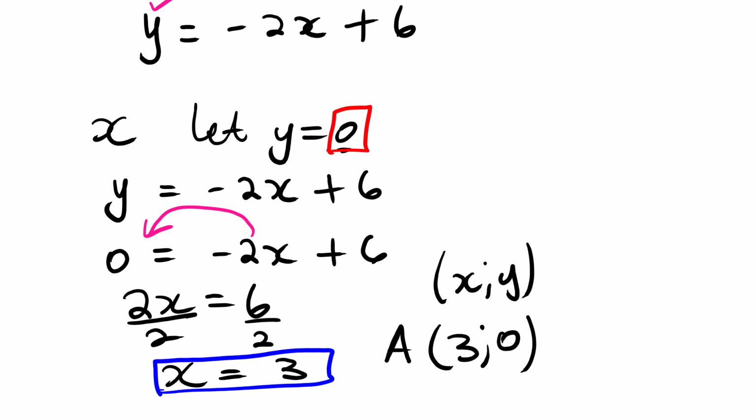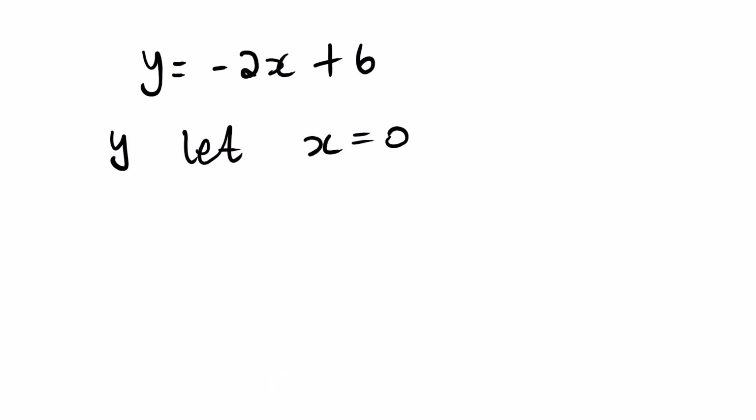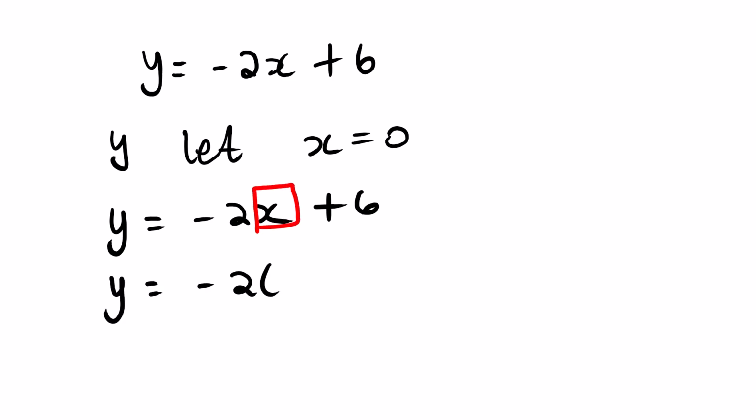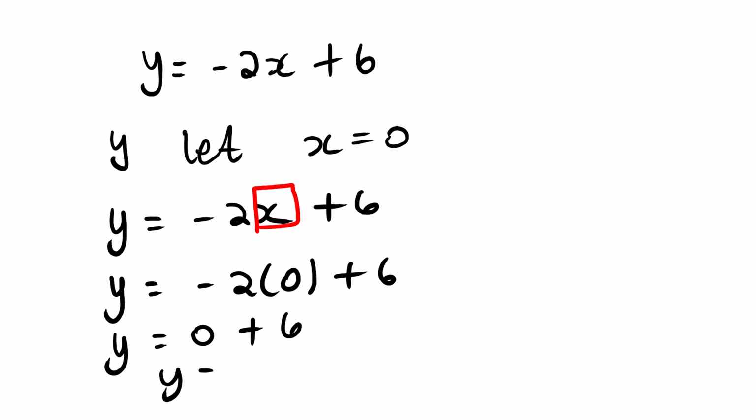We need to go ahead and calculate the y-intercept. For the y-intercept, we let x be 0. So where we see x, we substitute 0. This is the equation. We can see that this is the x variable. So y equals negative 2 times 0 plus 6. y equals 0 plus 6, y equals 6.